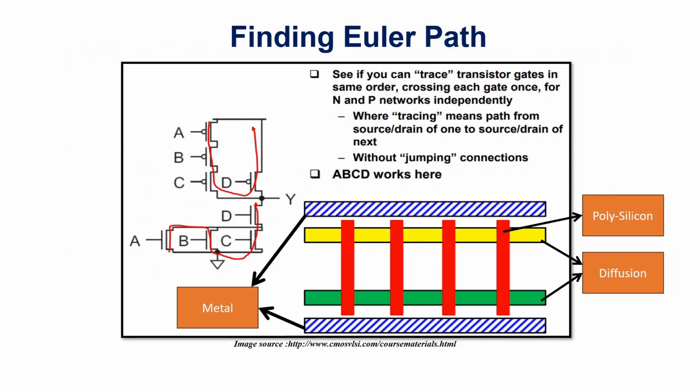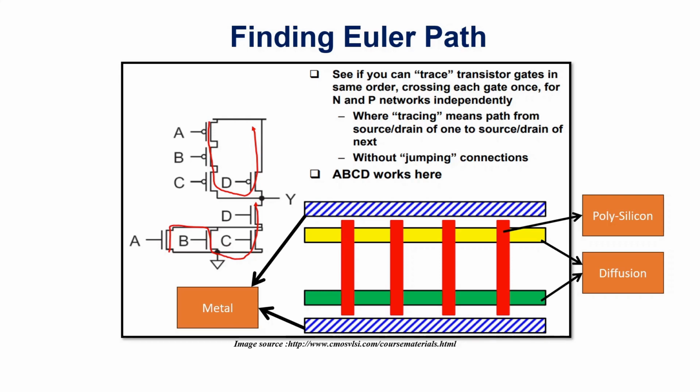So this is the Euler path demonstration. Here you can see I have marked the two paths for PMOS. One is A, B, C, D, and also here A, B, C, D. Both the PMOS and NMOS have similar paths according to our rule mentioned previously.